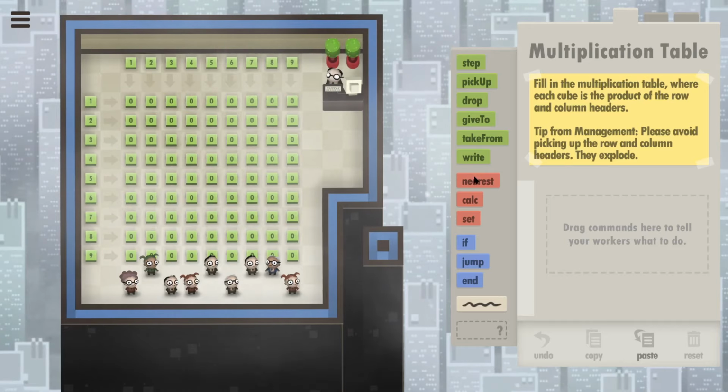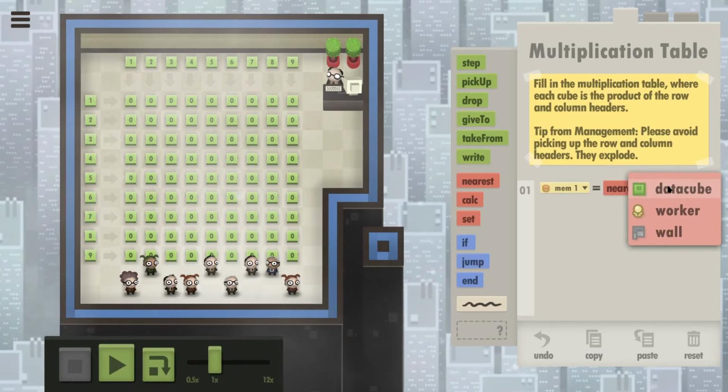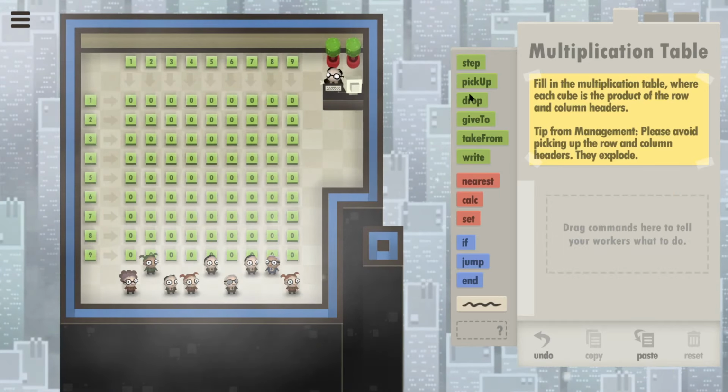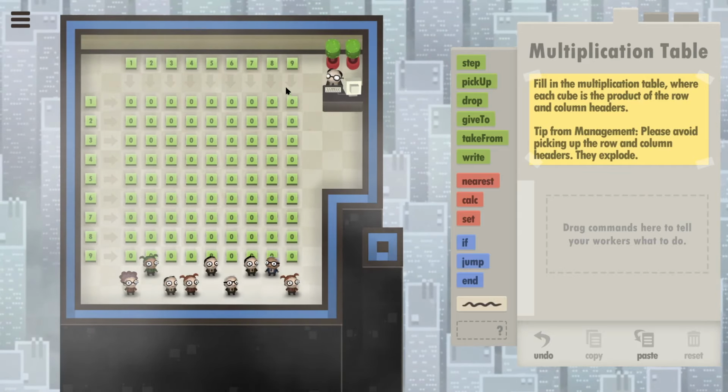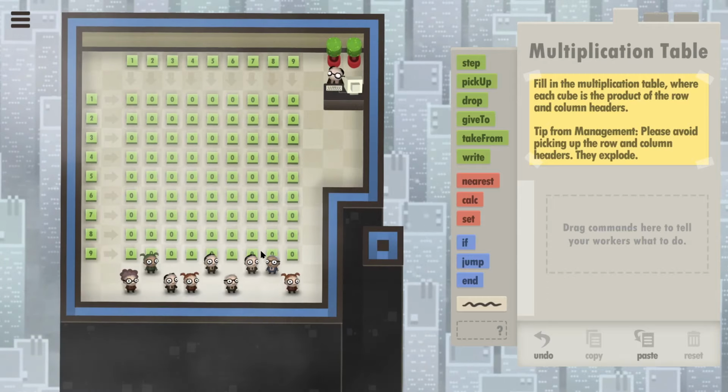We would tell her to... I want a memory one. If it's a 0 that you're standing on, then you need to go through this process.